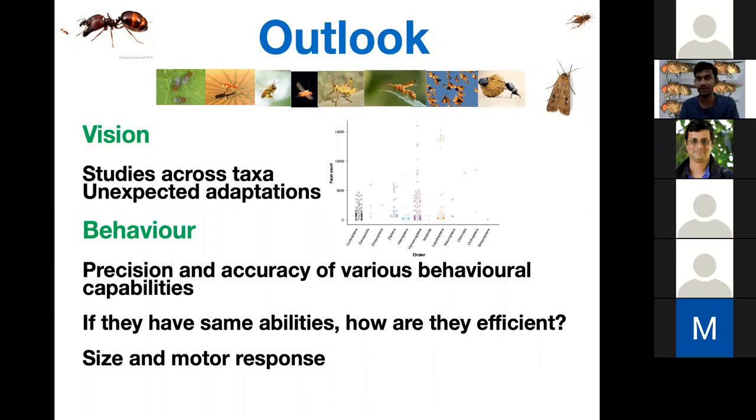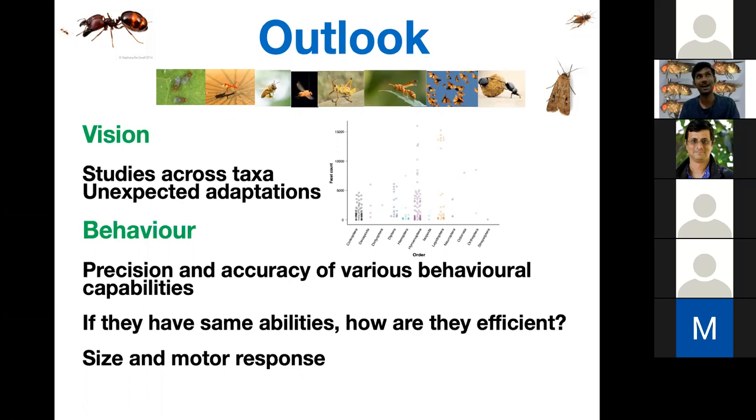So it's a motor behavior, right? They're using their legs to build the nest. If you have a really small spider, how exactly does that affect the way you make your nest, the way you use your motor organs to build the nest?